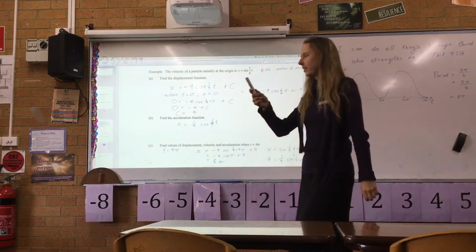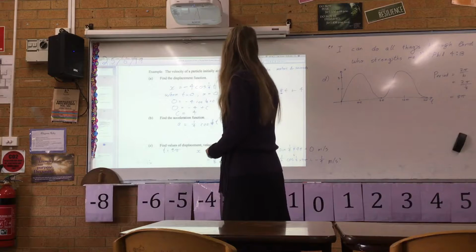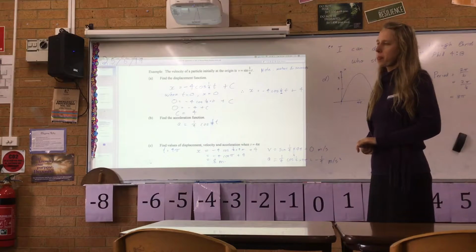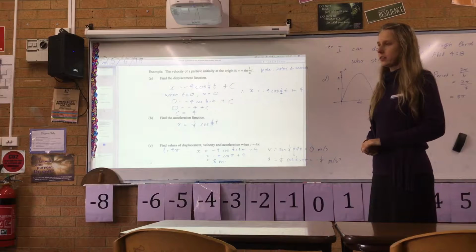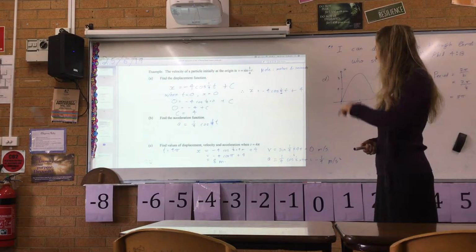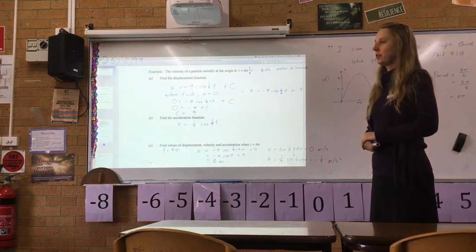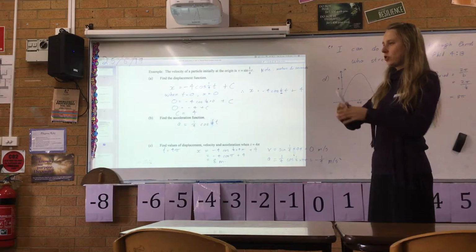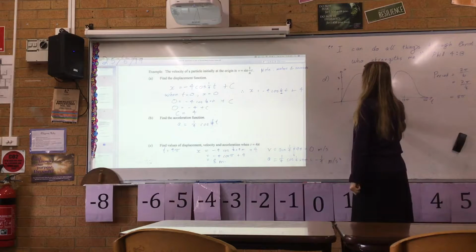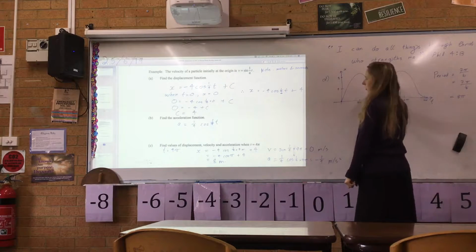x equals -4 times cos. Shouldn't that make the graph flip though? Yeah, it does. Absolutely, it does. It actually is already flipped, believe it or not, because it would normally start up here and go down, but now it's started down here and gone up.